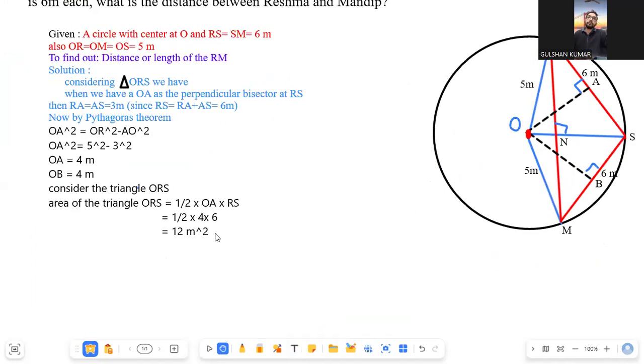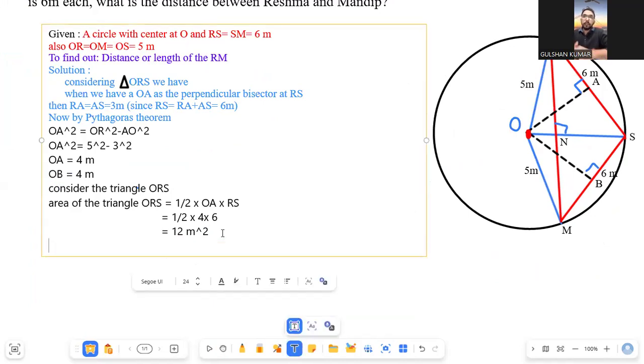Okay, now we have the area of triangle ORS.